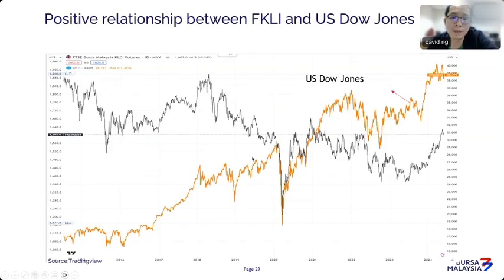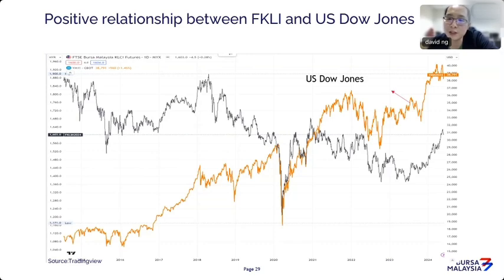Now, this is looking at external markets. I think one of the major markets that has quite a bit of influence on the Malaysia index market is definitely the US Dow Jones or US major indices. You can clearly see there is quite a parallel movement between both markets. Now, there's a bit of divergence since after the pandemic.